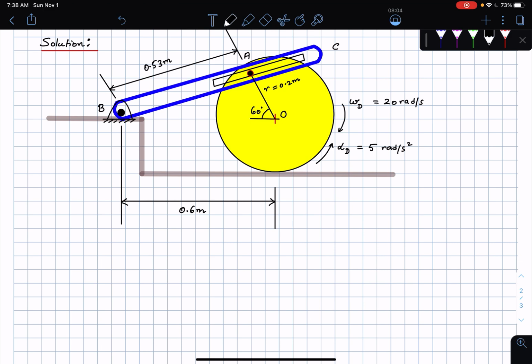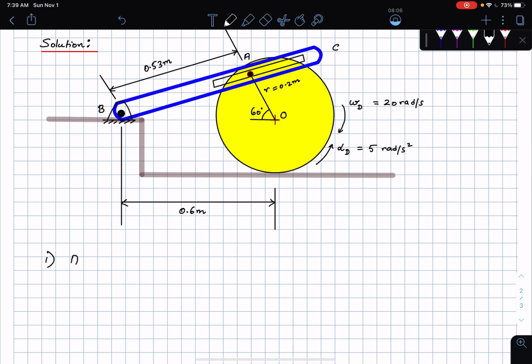That's my first strategy. A is a part of the disk, which means analyze the disk only first. Then we can bring things together, and this will enable us to find the velocity and acceleration of A.